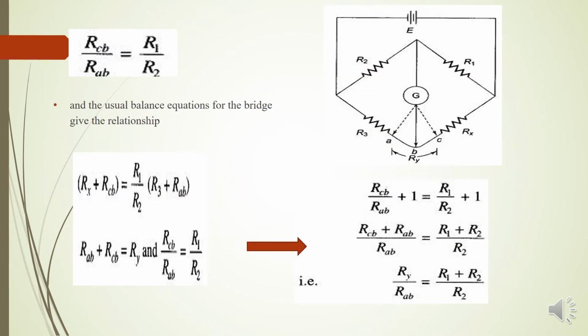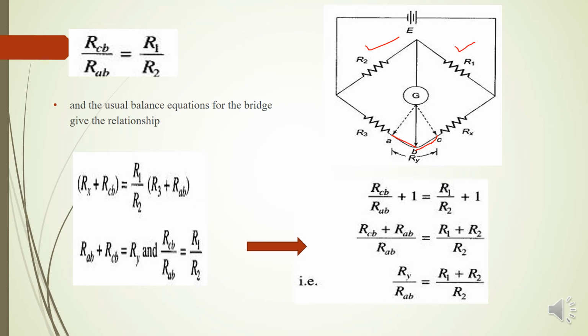Explanation: we can get RCB, that is the resistance of this lead, to RAB. RAB is clearly equal to R1 divided by R2.